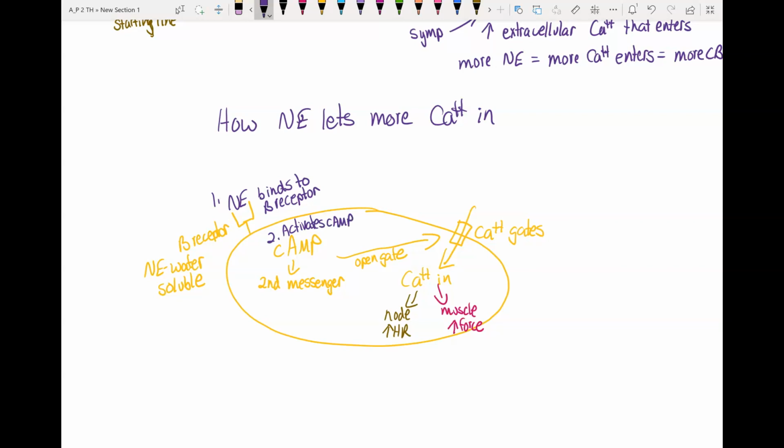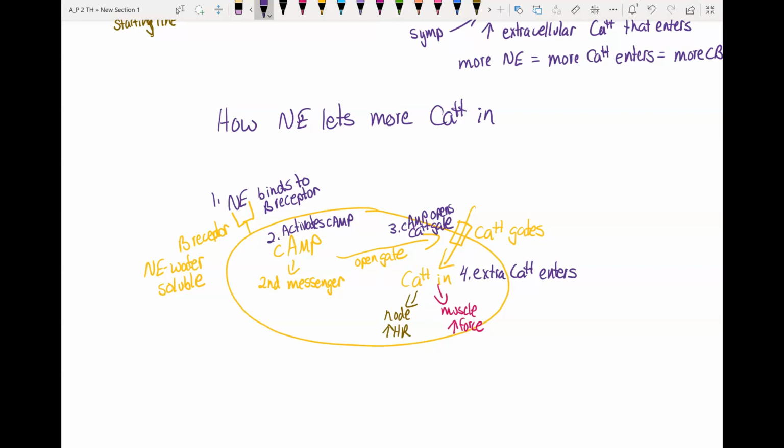Then step 3 is the cAMP opens the calcium gate. And then step 4 is extra calcium enters.